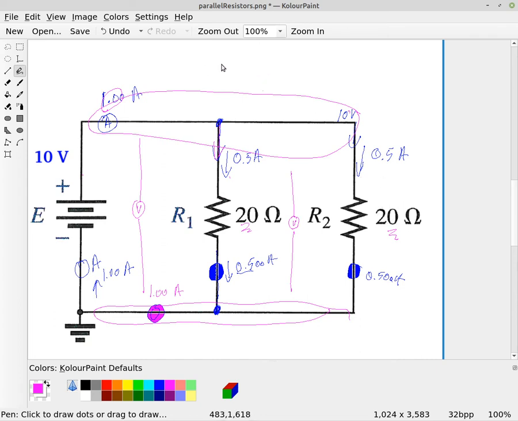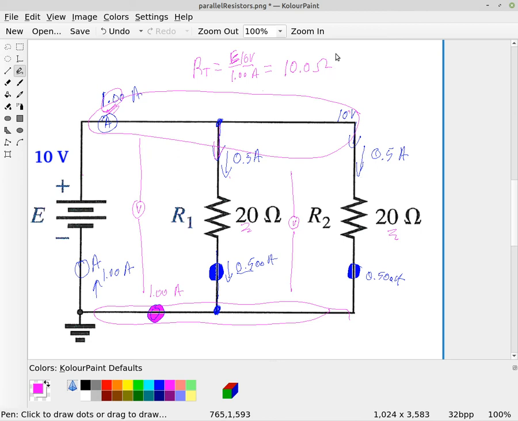So if we were to calculate the total resistance, R total, we could use Ohm's law and take E divided by the current coming out of the power supply, which is 1 ampere. So we'd have 10 volts divided by 1 ampere gives us a total resistance of not 20 ohms, not 40 ohms, but simply 10 ohms.